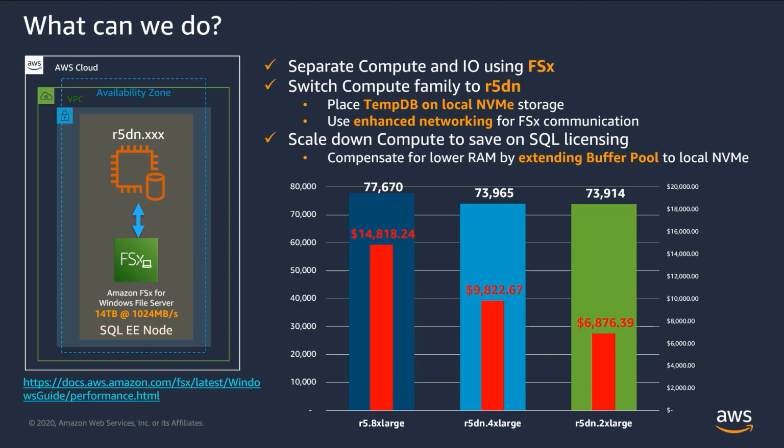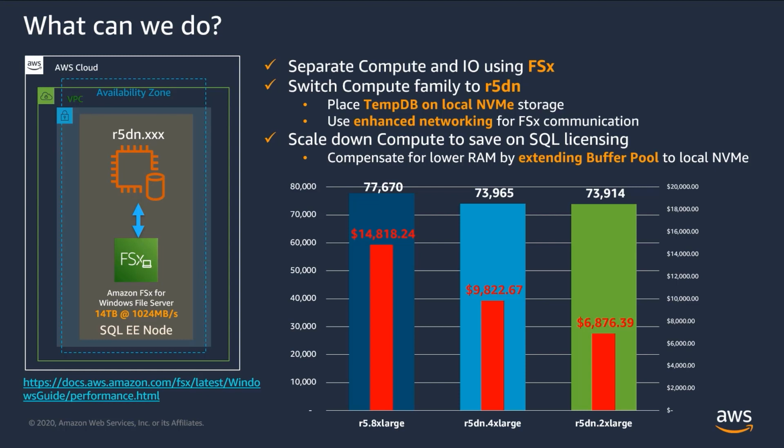We carried out performance testing of the architecture based upon Amazon FSx using R5DN 4 extra large instances with 16 CPU. Then we repeated the same tests using R5DN 2 extra large instance with just 8 CPU.